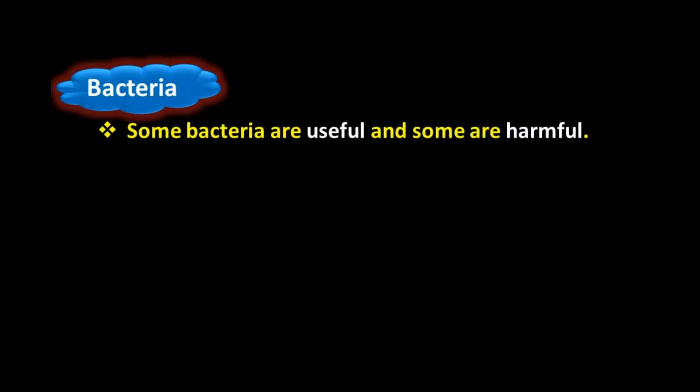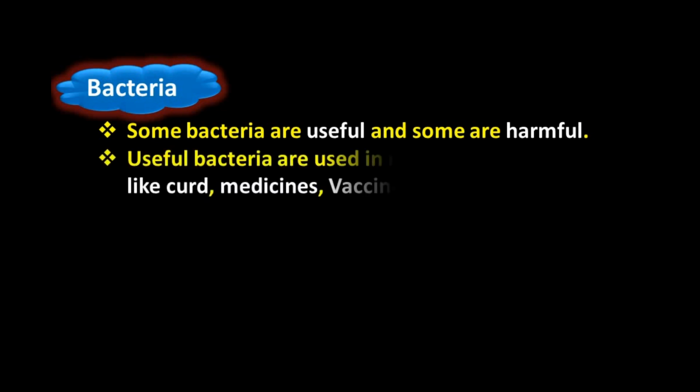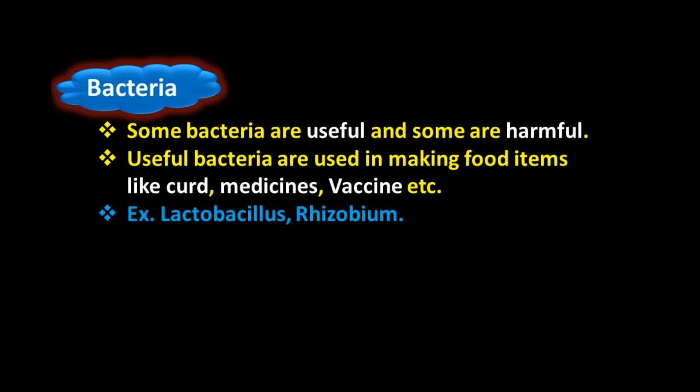Some bacteria are useful and some are harmful. Useful bacteria are used in making food items like curd, medicine, vaccine, and in agricultural activities. Examples of these bacteria are lactobacillus, rhizobium, azotobacter.